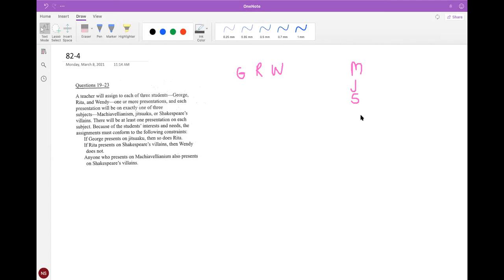So I would go on to, if George presents on J, then so does Rita. So I would do G, J, and then an arrow, and then R, J. Excellent.